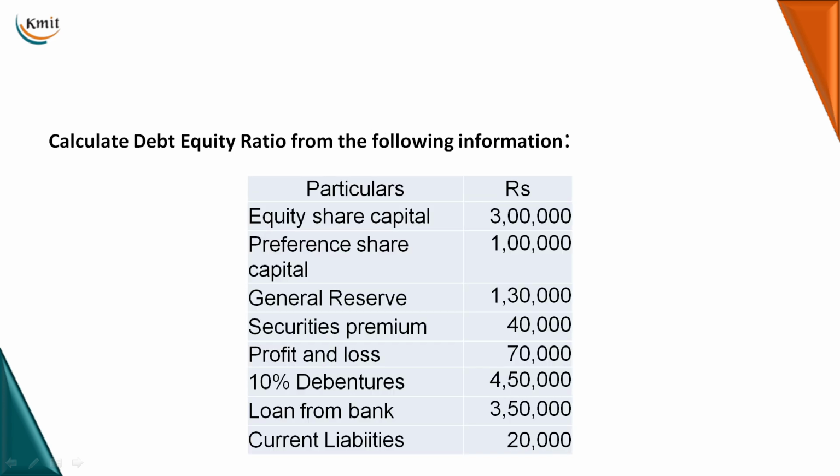So here is the data given for us, and we'll use it to calculate the debt equity ratio. The debt equity ratio focuses on the long-term debts that are part of the company, as well as its shareholders' equity or insiders' funds.